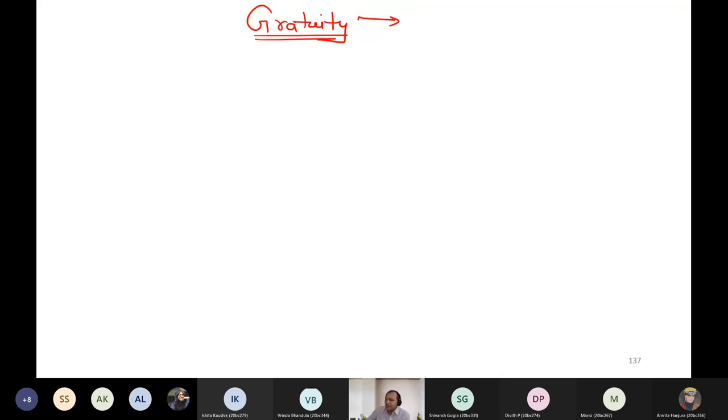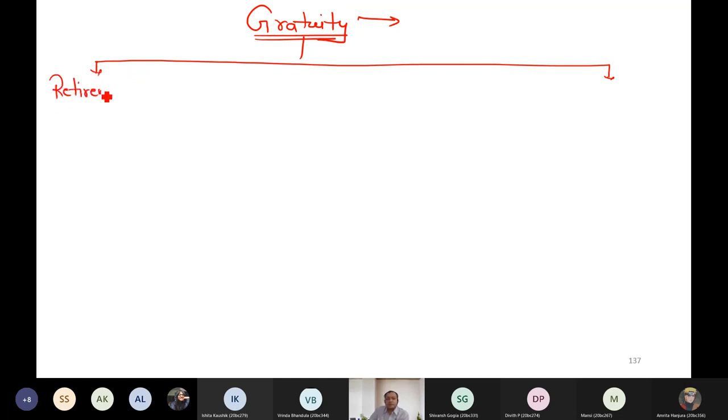So for the time being, I am discussing a situation where gratuity is given at the time of retirement, or death, or leaving the job.